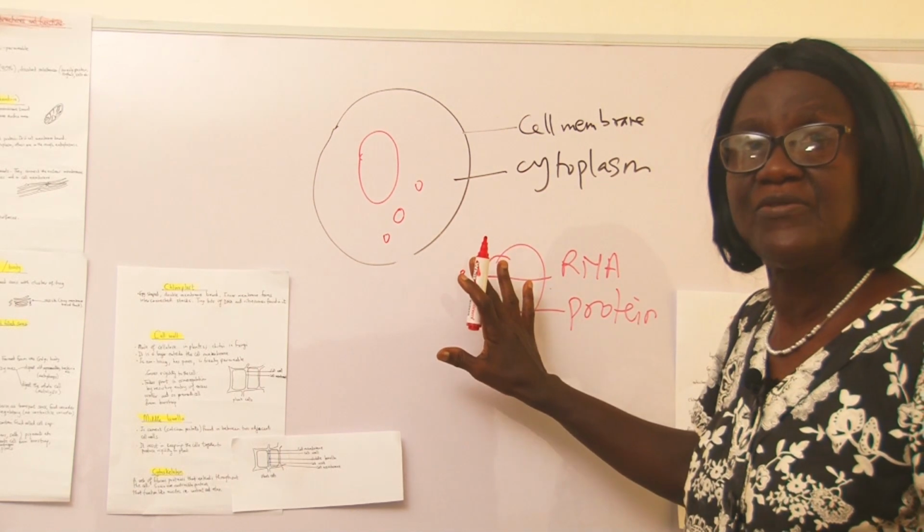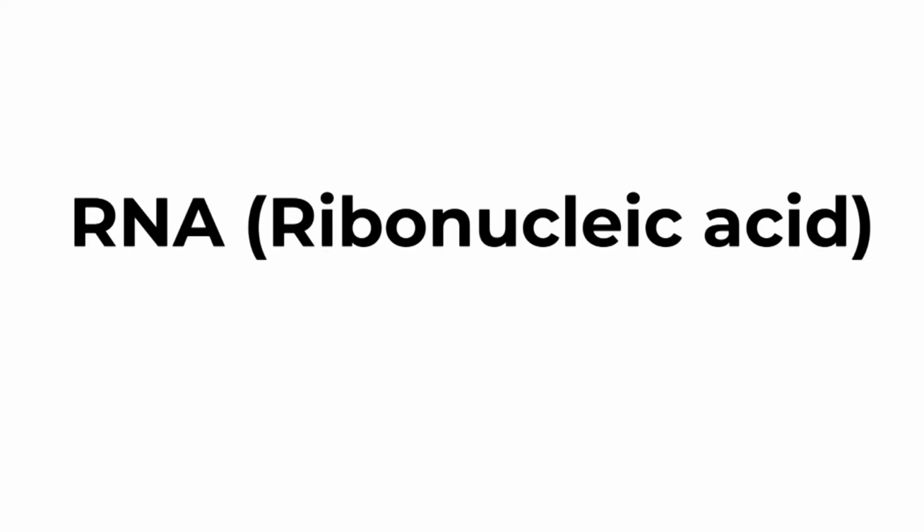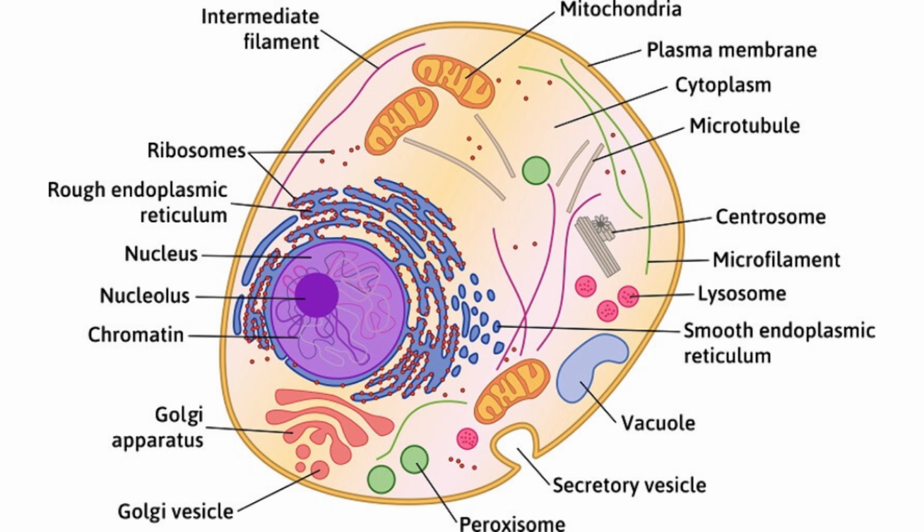No membrane bound. The RNA is ribonucleic acid. We'll talk about the RNA and DNA, all right? It's the ribosome. It's either floating freely in the cytoplasm or is bound to another structure called endoplasmic reticulum.